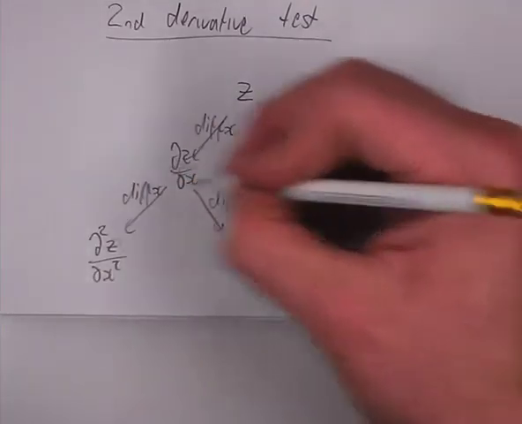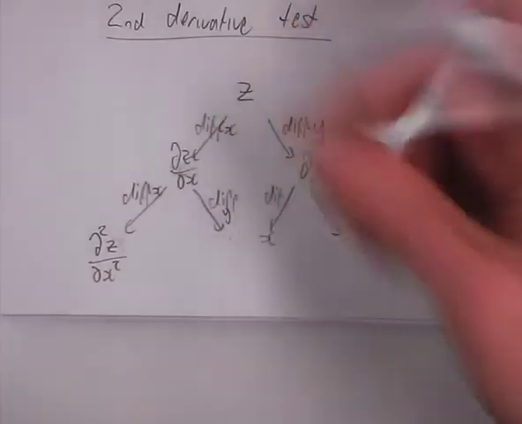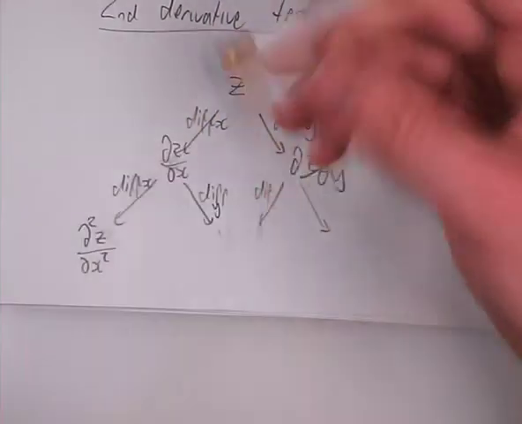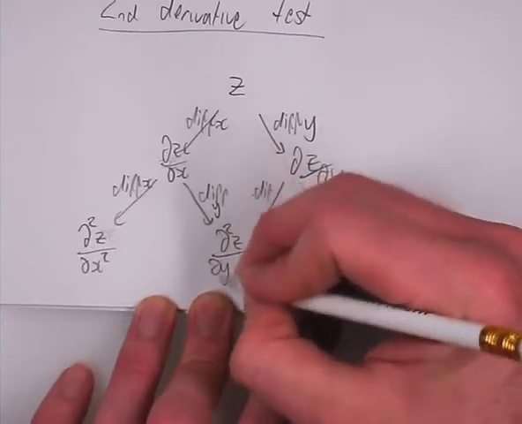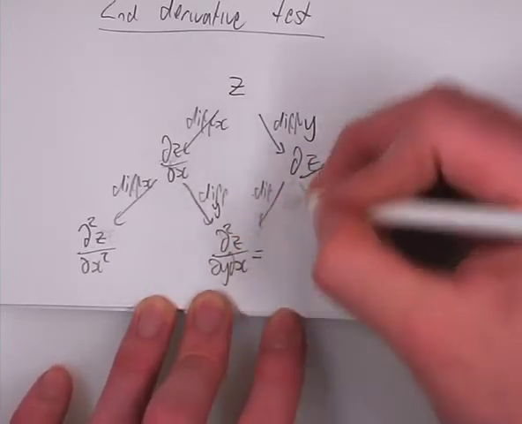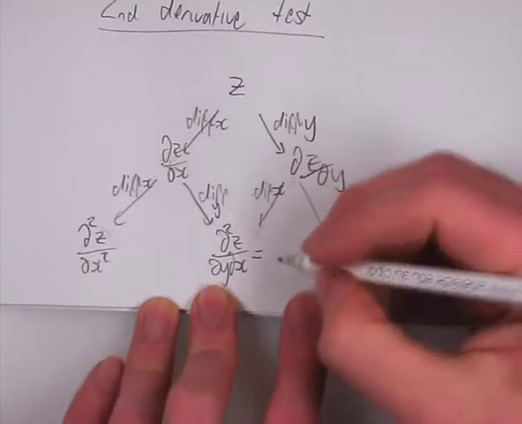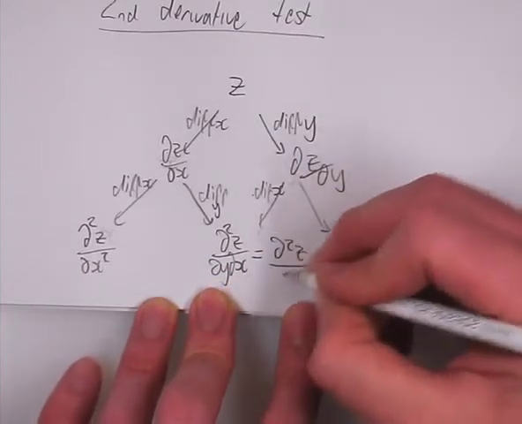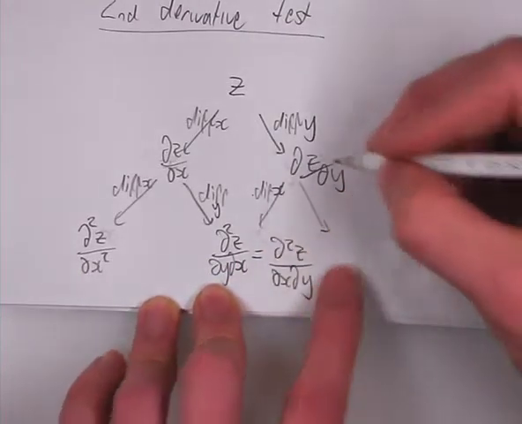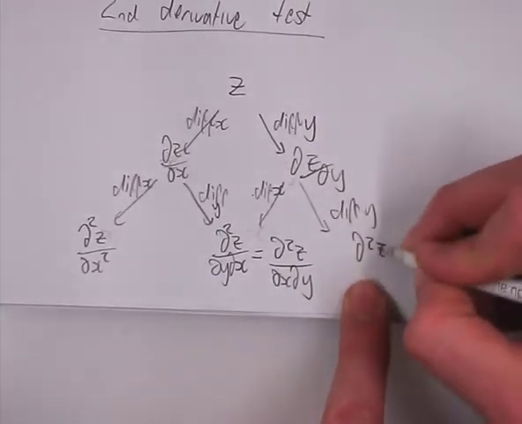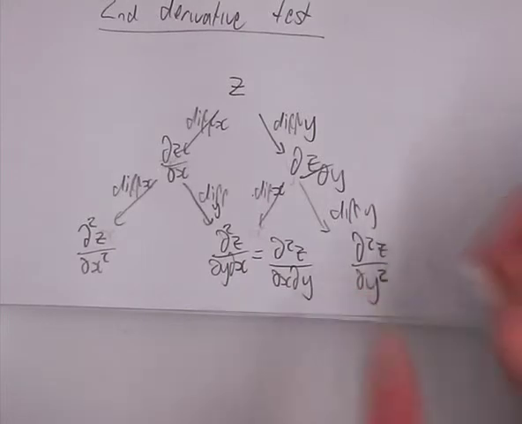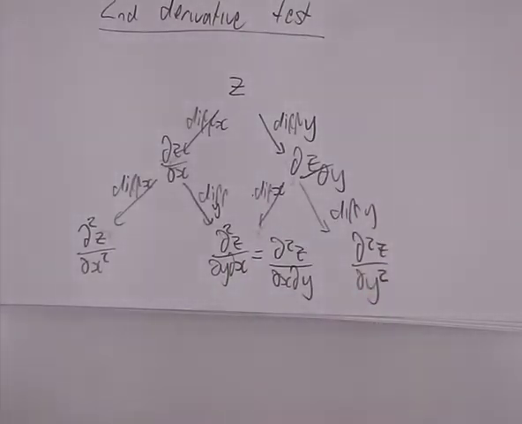If you differentiate with respect to y from here, it will actually be d squared z on dy dx. If you differentiate with respect to x from here, it will be d squared z on dx dy. And if you differentiate with respect to y from here, it will be d squared z on dy squared. Sorry about that, it's a shocking diagram. It's much better when it's bigger.